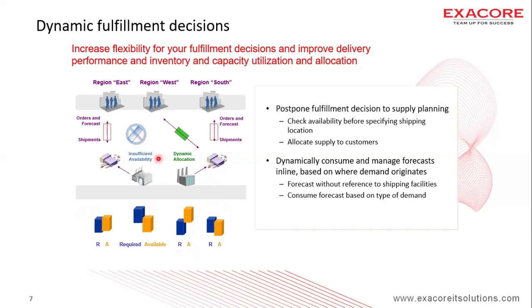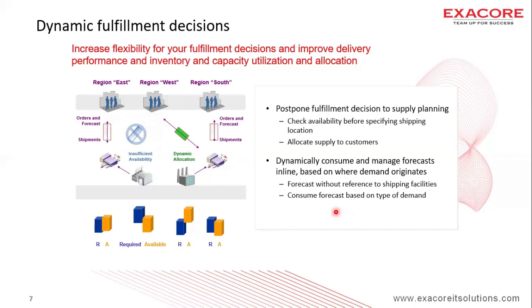Whenever there is a shortage of material in a hub or in a regional DC, ACP will check the availability and allocate those materials dynamically to the location where there is insufficient availability. The consumption forecast will be based on demand.